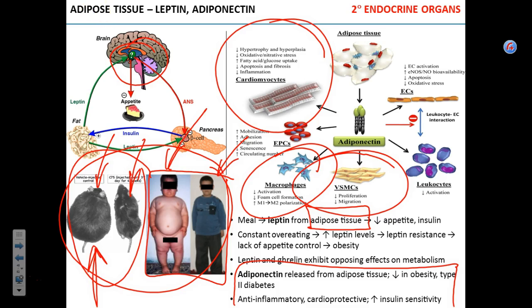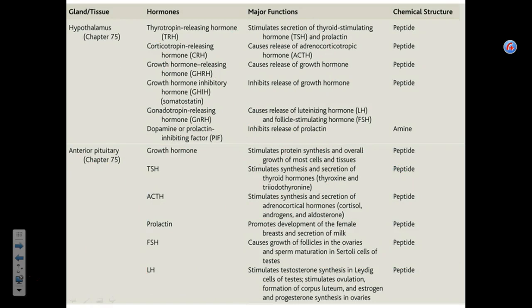So, let me wrap it up. These are the reference tables, if you want to quickly glance: is that a peptide? Is that a lipid? Is that something else? You can go there for a very brief summary of what the hormones do.